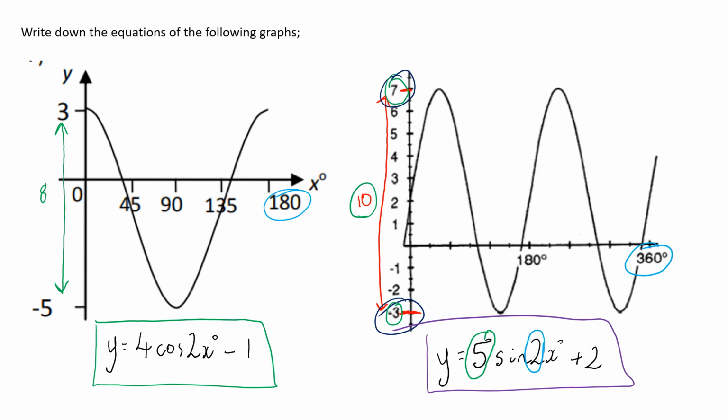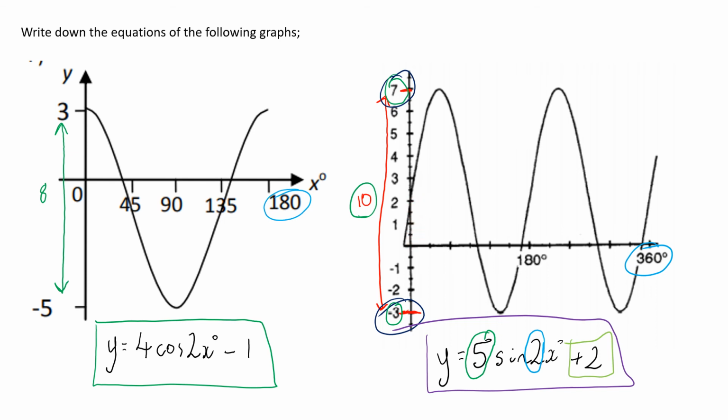And then for this value here, you need to compare what you think this graph would look like in your brain and what you have. If you've got 5 sine, that should go up to 5 and down to minus 5. This goes up to 7 and down to minus 3. Well, then it has to have shifted up 2. You could also note that sine x should have started at 0, and sine x here has started at 2. It has moved up 2 places.